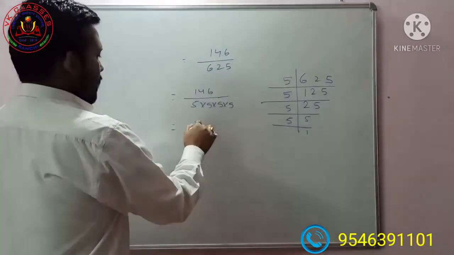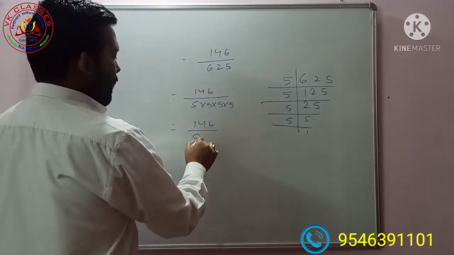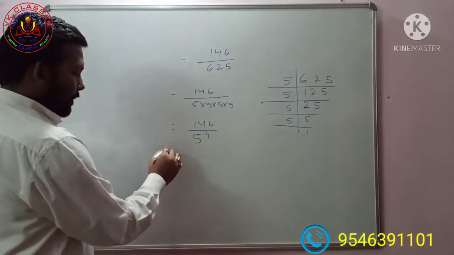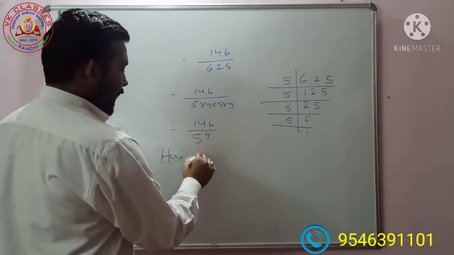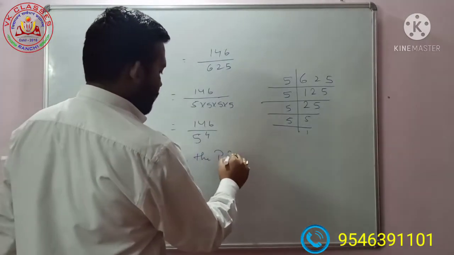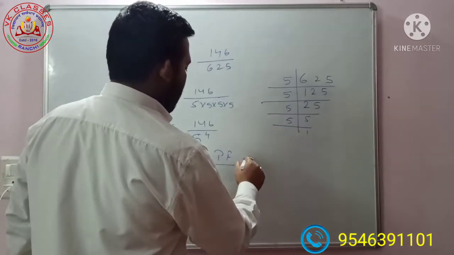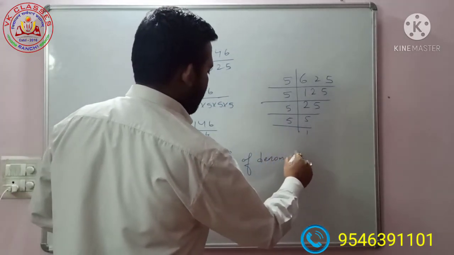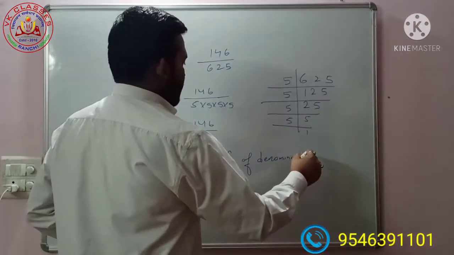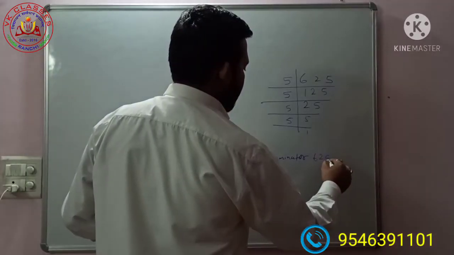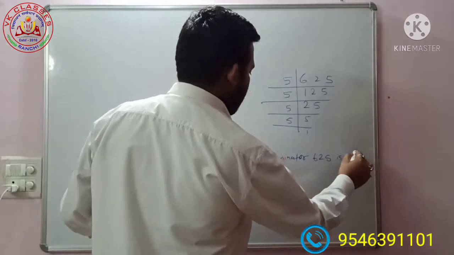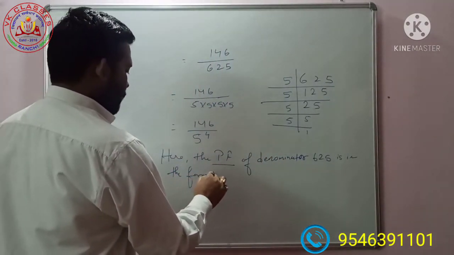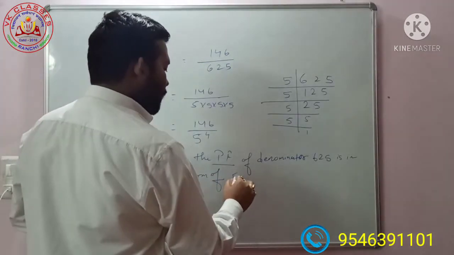Now we can write 146 divided by 5 to the power 4. So here the prime factorization of the denominator 625 is in the form of 5 only.